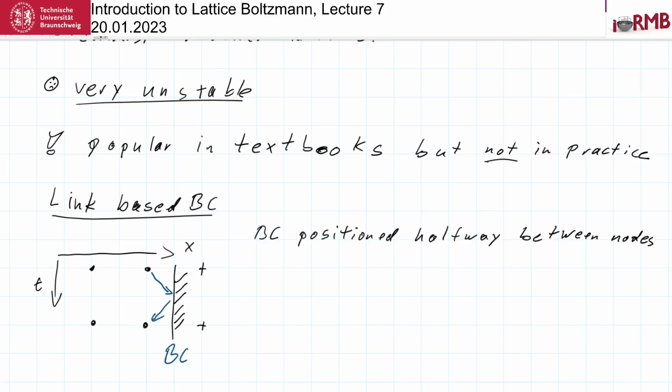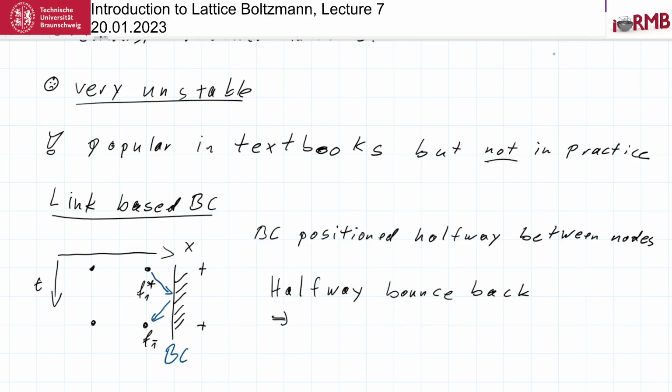So the easiest thing to do is, say we have f1 here, and this is the post-collision state. Then we specify f opposite as the pre-collision state. So if we just mirror this, we obtain the so-called halfway bounce back, which is already a very useful boundary condition.